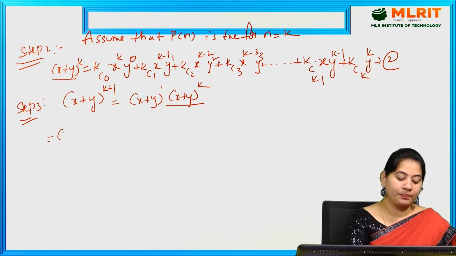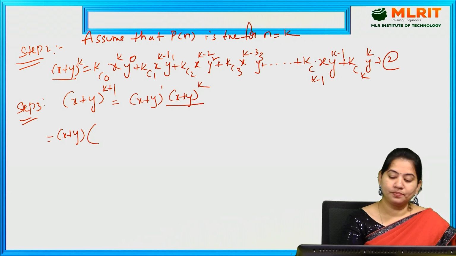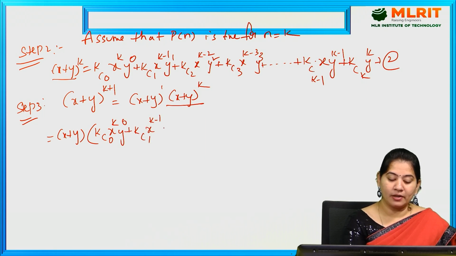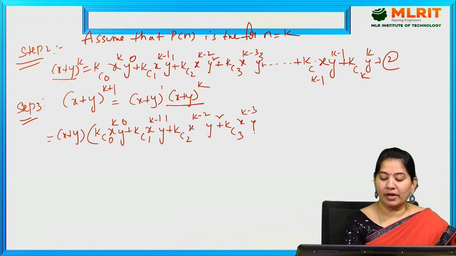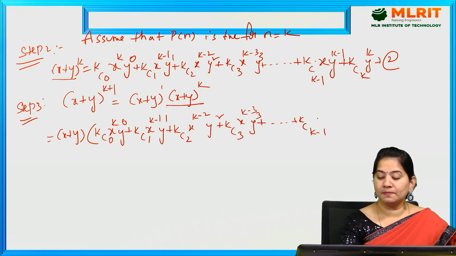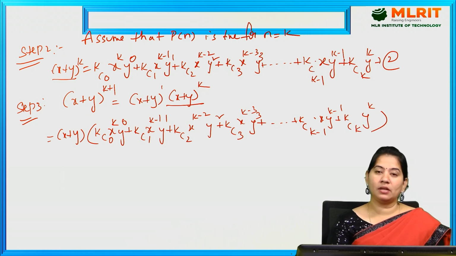Then I'll get (x plus y) into kC0 x power k y power 0 plus kC1 x power k minus 1 into y power 1 plus kC2 x power k minus 2 y power 2 plus kC3 x power k minus 3 y cube plus so on plus kC(k minus 1) x y power k minus 1 plus kCk y power k.